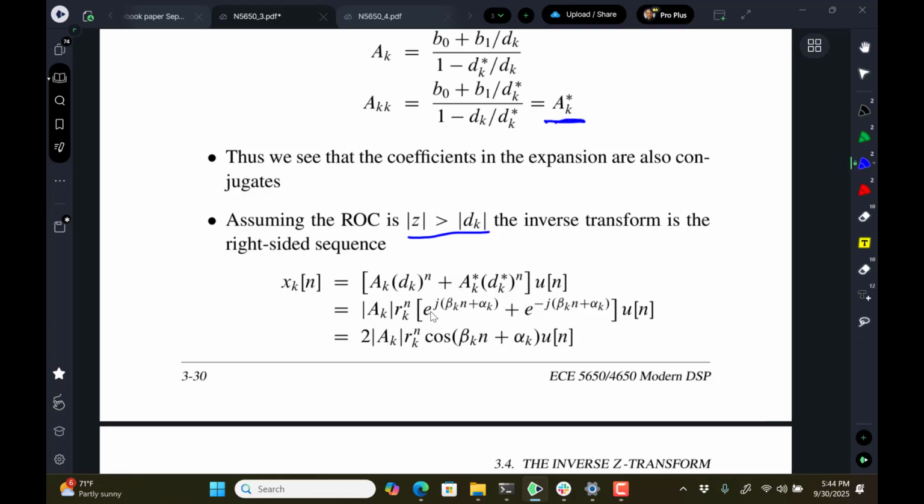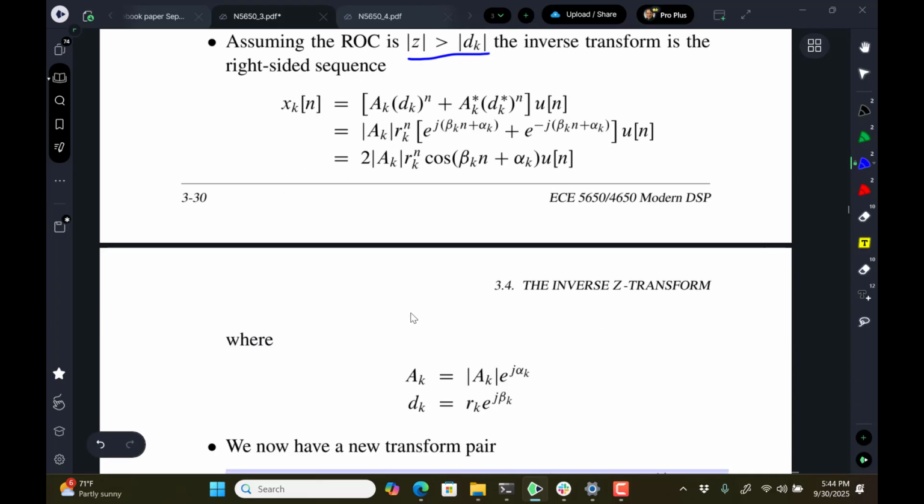We can consider the fact that the dk's are complex and they're going to have a magnitude and an angle associated with them, and the Ak is complex too, so it's going to have a magnitude and angle associated with it. So we can write it up in this kind of form, where we have these definitions down below here.